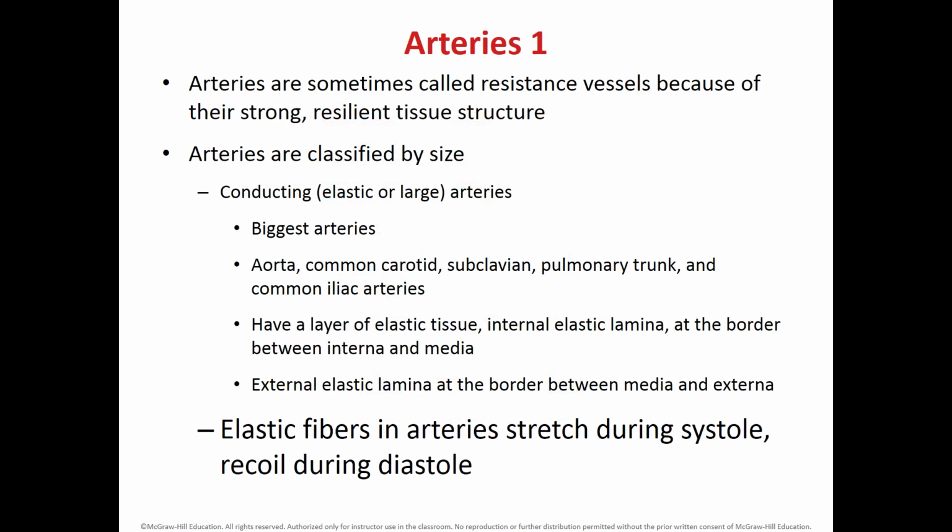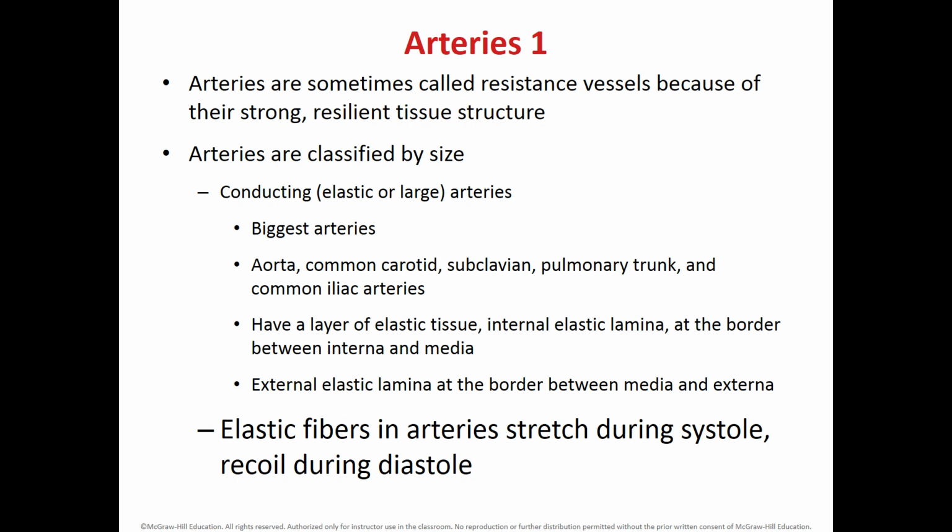Another name for the arteries is resistant vessels because their walls are strong and resilient, and the arteries are classified by size. So the largest arteries are known as conducting, large, or elastic. And examples of these will be the largest artery that we have in our body, which is the aorta.